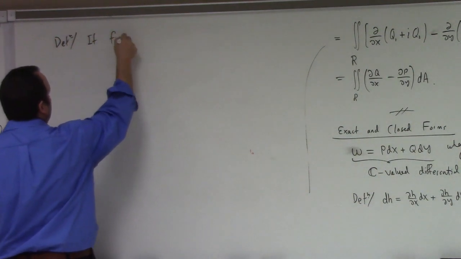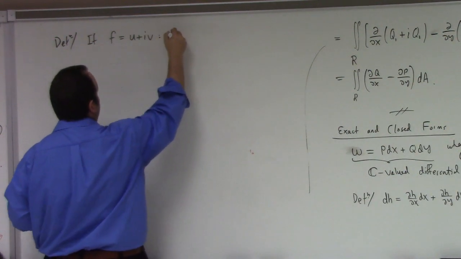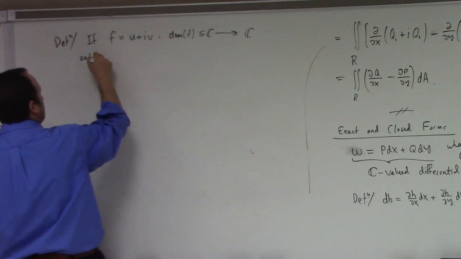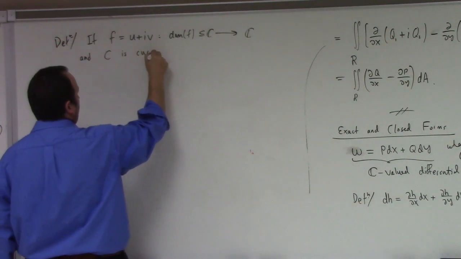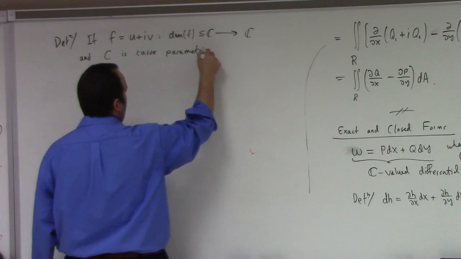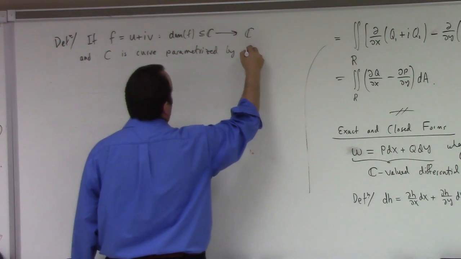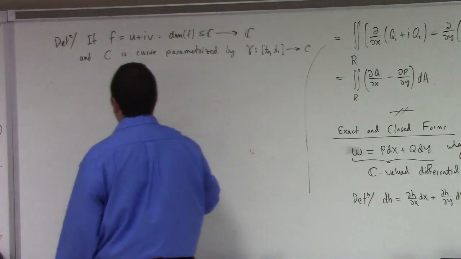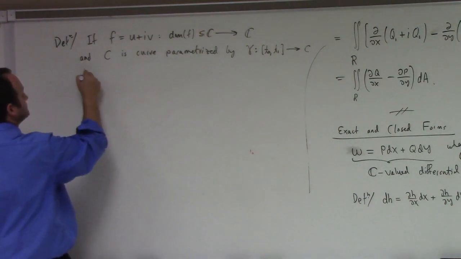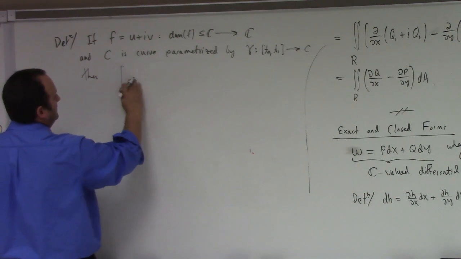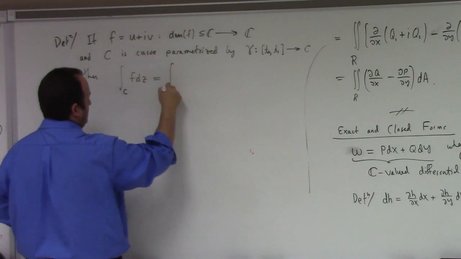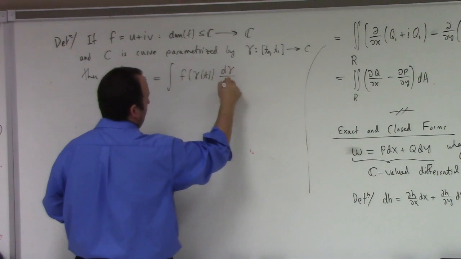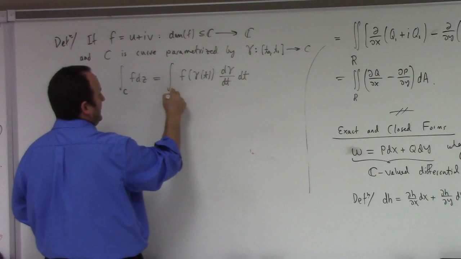If f equals u plus iv is a function from some subset of the complexes to the complexes, and C is a curve parametrized by, let's say, gamma, which goes from t0, t1 to C, then the integral over C of f dz is equal to the integral of f of gamma of t times gamma prime dt from t0 to t1.